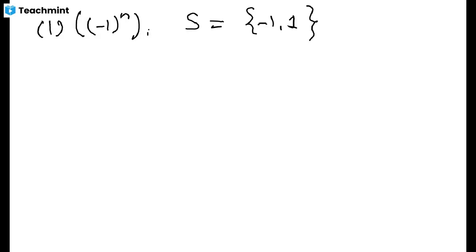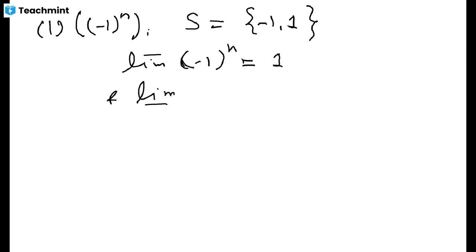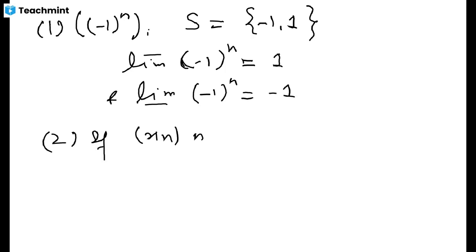Hence it is bounded, and clearly its infimum is minus 1 and its supremum is 1, hence the limit superior of this sequence minus 1 to the power n is 1 and its limit inferior is minus 1.